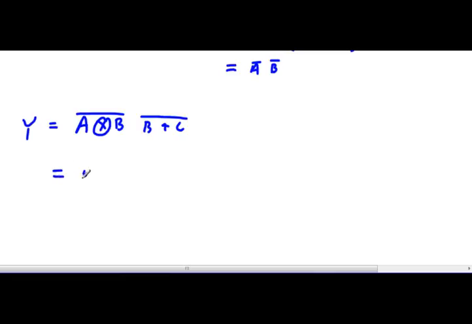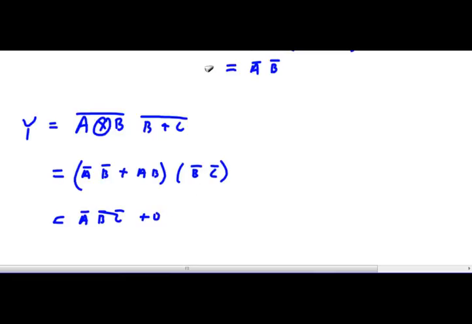Okay, so I've got A naught, B naught, or AB, and B naught, C naught. Okay, so I've got A naught, B naught, C naught, or nothing. So I don't have to write the or nothing, I just recognize it as or nothing.